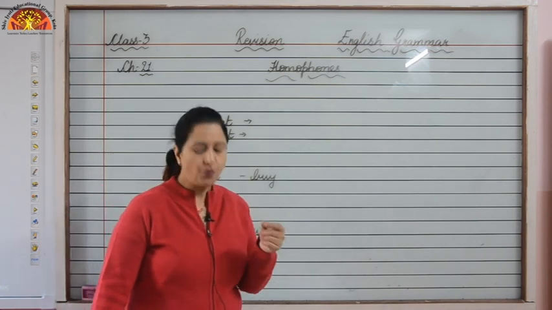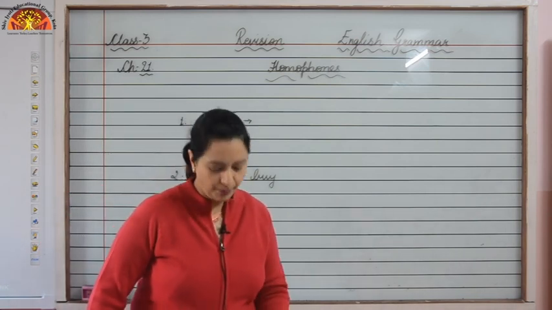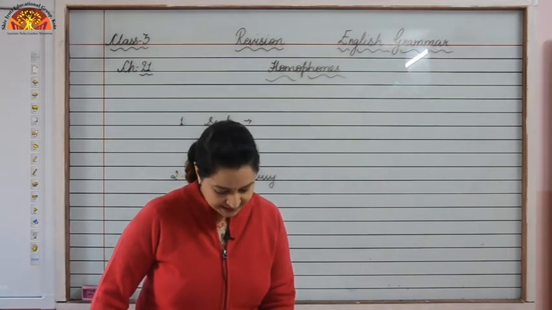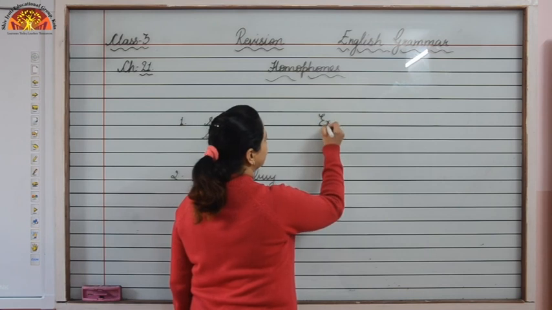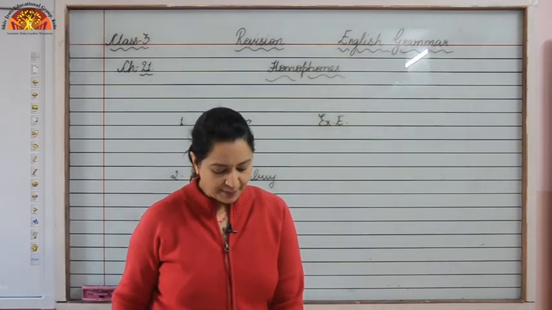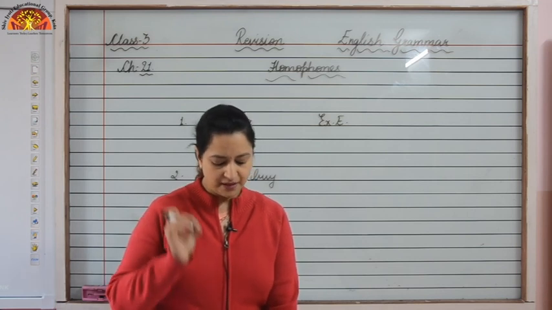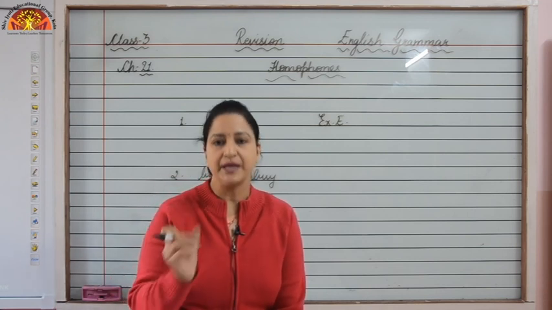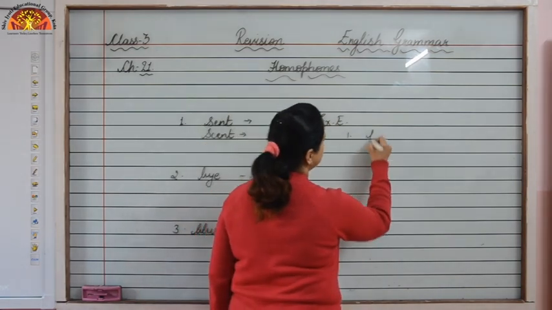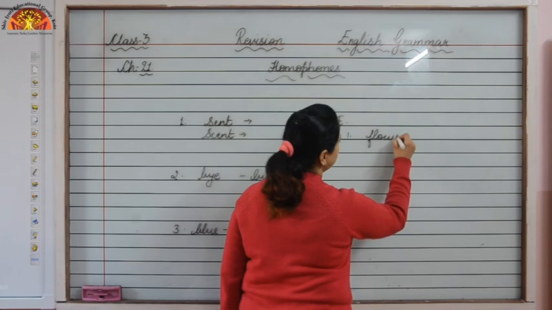Now we'll do one or two examples from your book. On page number 87, exercise number E. Number 1, the rose is a beautiful flower. Rose is a flower, so we'll write F-L-O-W-E-R.